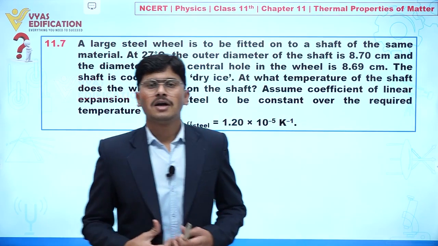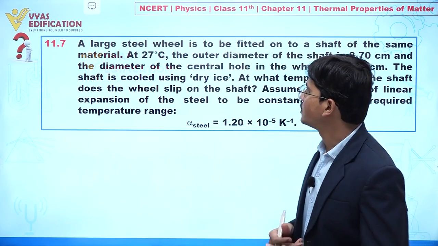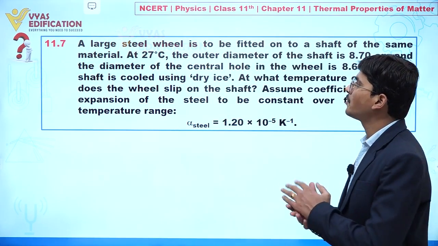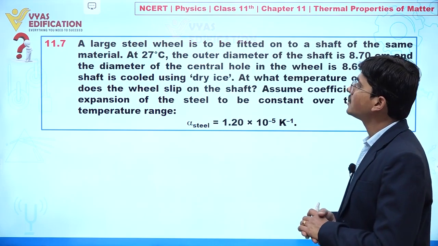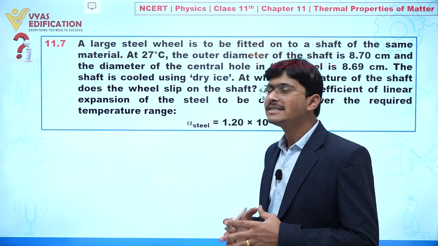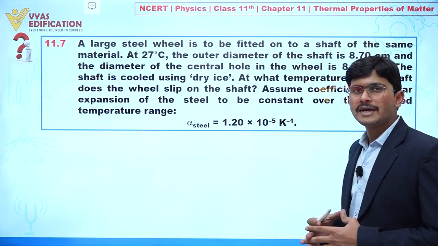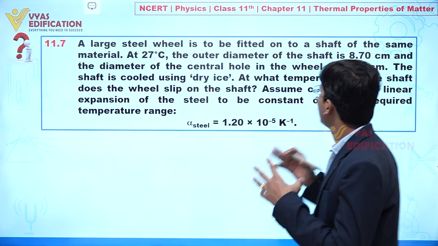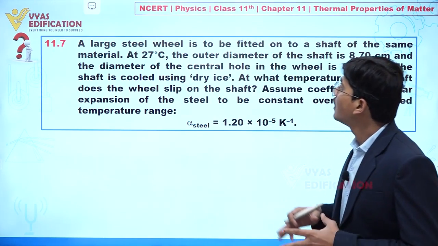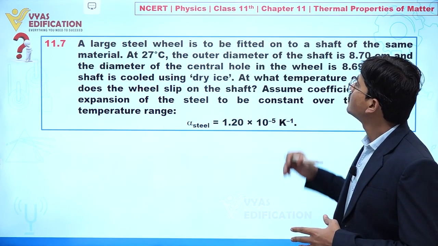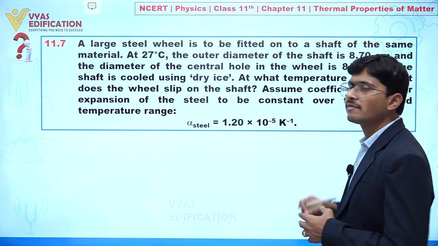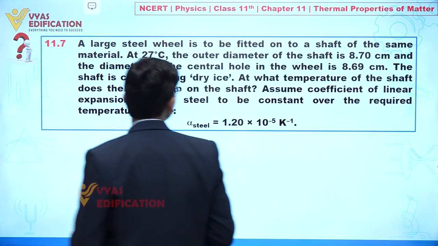Clear to everyone? Now dear student, we are going to discuss this question number 11.7, and in this question it is given to you a large steel wheel is to be fitted on to a shaft of the same material. Okay, at 27 degrees Celsius, the outer diameter of shaft is given to you 8.70 centimeter.